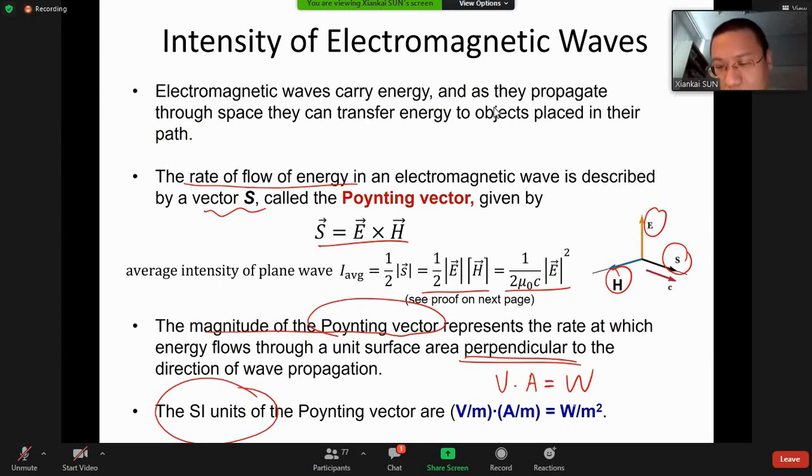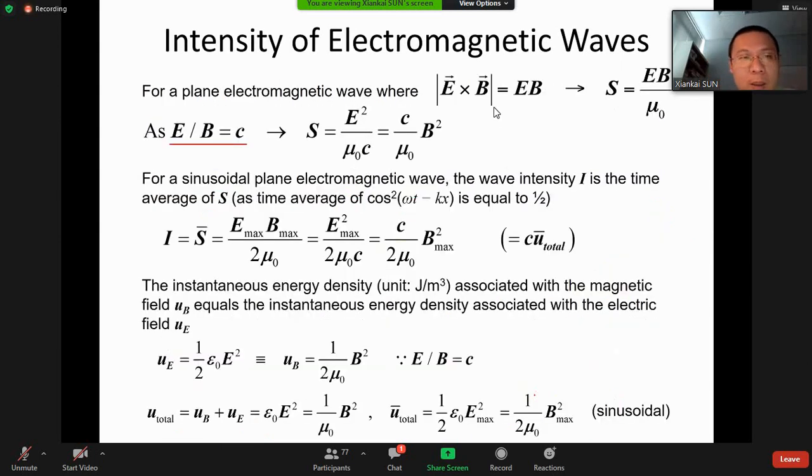So this is W. And for the denominator, meter and meter gives you meter squared. Okay, so that's watts per meter squared. All right.